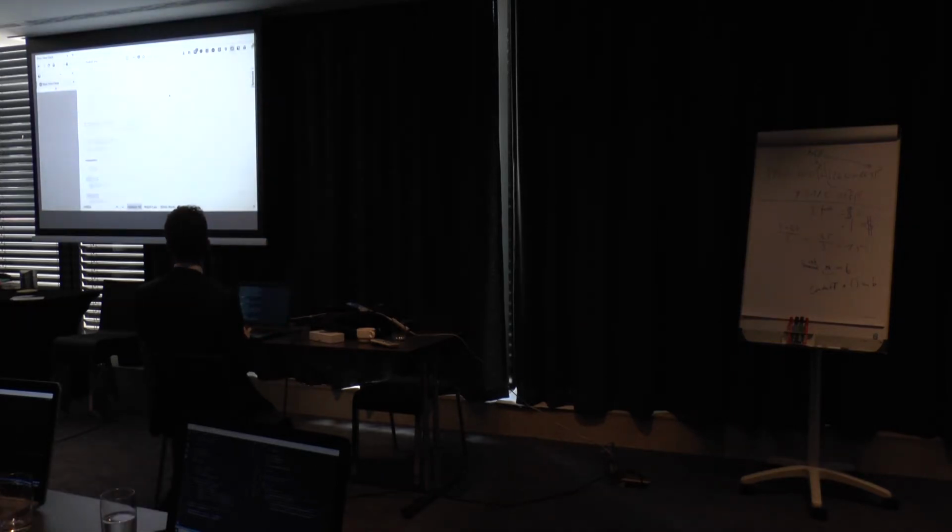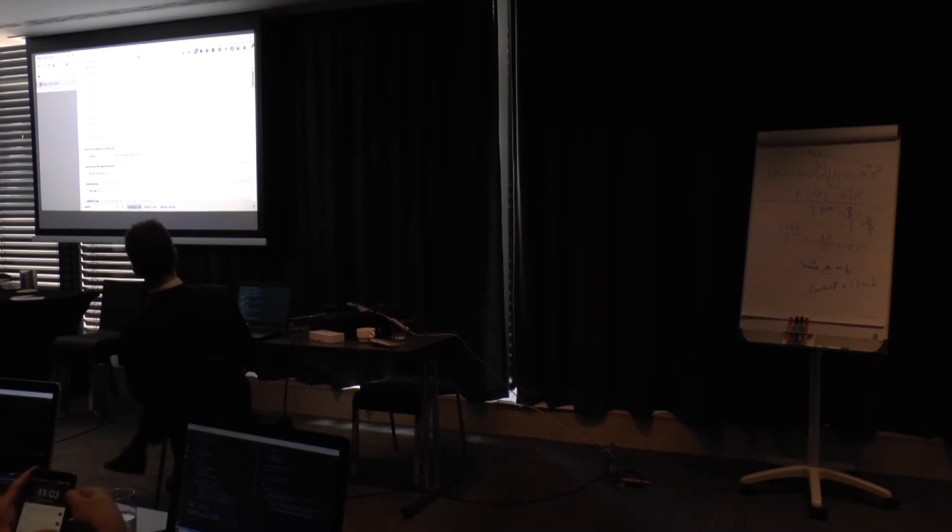Here we have the documentation for nominal diff time. And you can see that you can create a nominal diff time from a number of picoseconds, and if you look at the source code, that's exactly what it is.